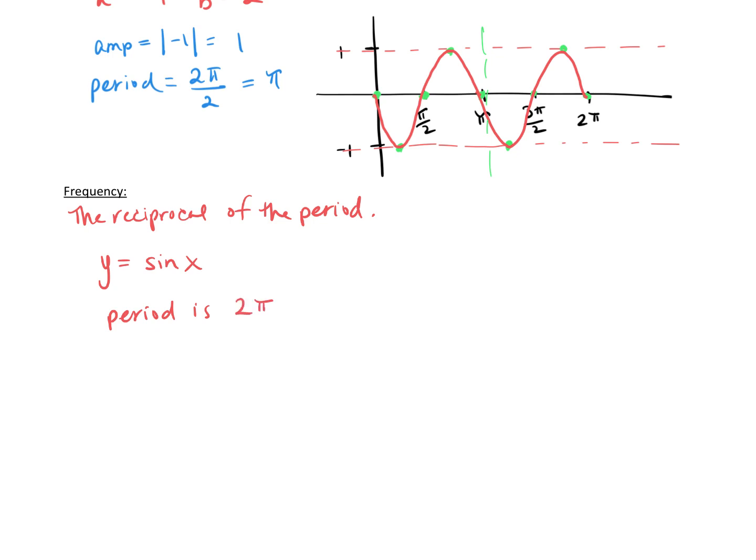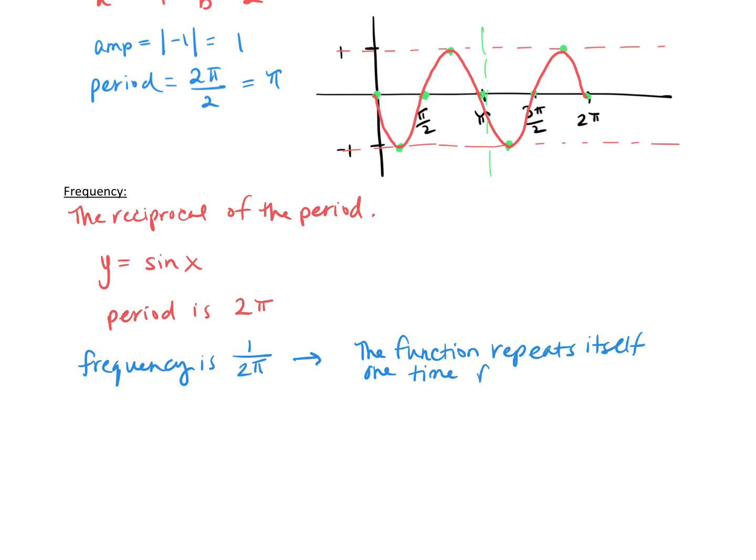So the frequency is going to be the reciprocal of that, 1 over 2 pi. And then what that means is that the function repeats itself one time from 0 to 2 pi.